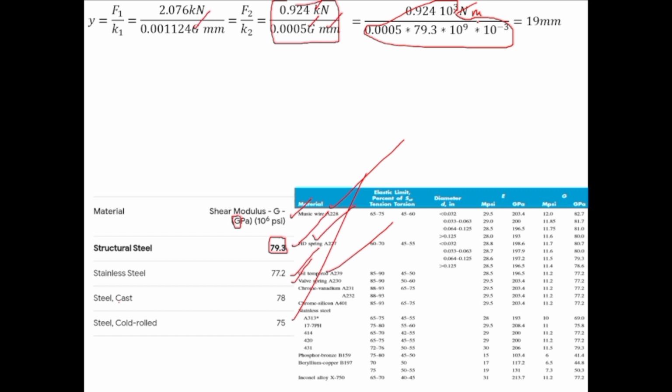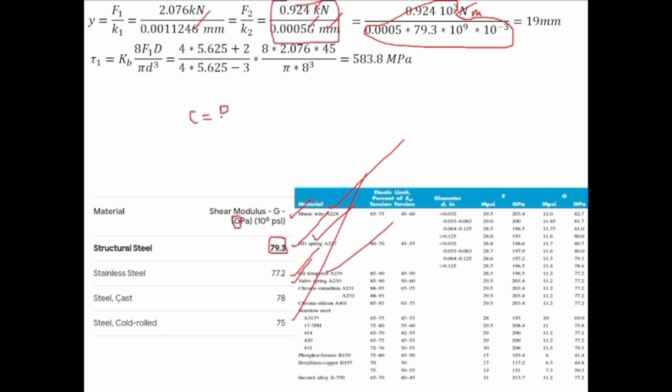After that you are required to find the stresses in the spring as well. Tau 1 is the stress produced in the bigger spring, so it is equal to kb into 8 F1 mean coil diameter divided by pi into wire diameter cube, and kb is equal to 4c plus 2 divided by 4c minus 3, and c is equal to mean coil diameter divided by wire diameter.